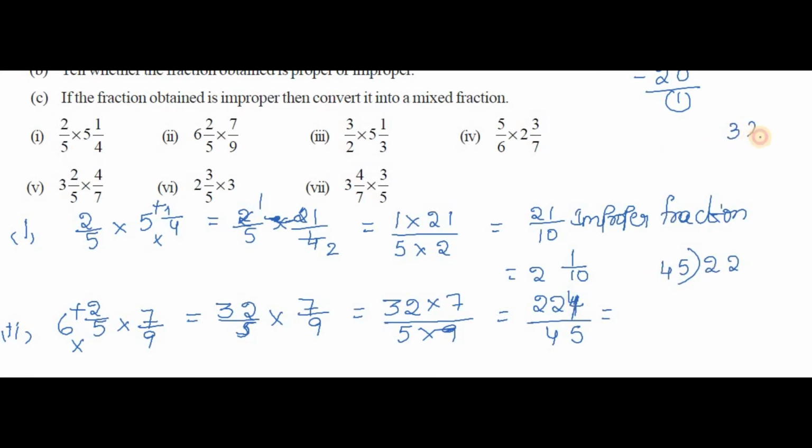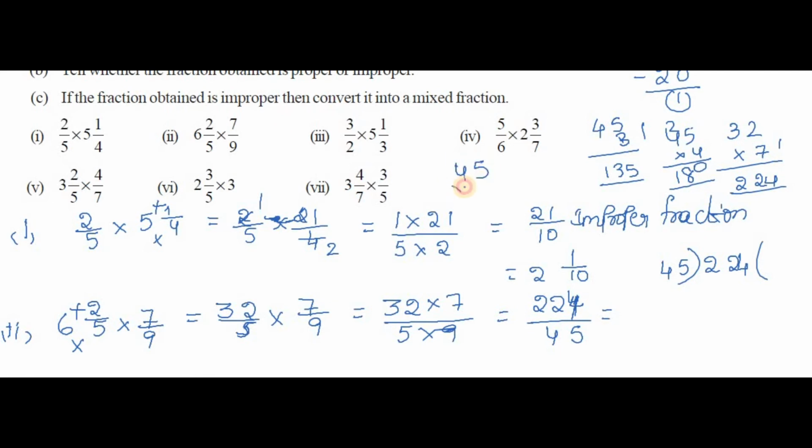32 into 7, we'll do it once here. 7 2s are 14, 7 3s are 21 plus 2, 23, 224. So 45 table: 45 3s are 135, 45 4s are 180, 45 5s are 225.